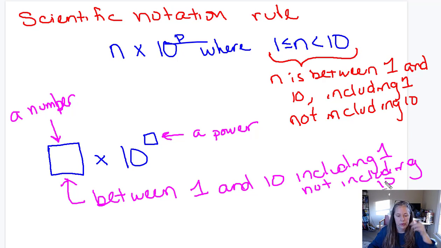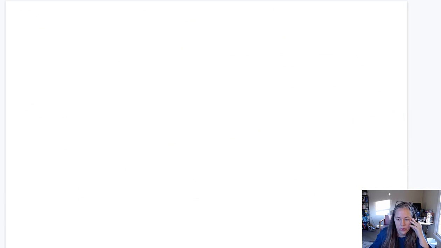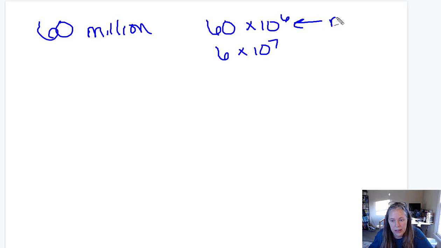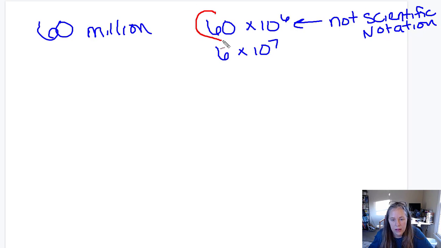Okay, so again, I'm going to erase. So in class this week, we saw the number 60 million. You could write as 60 times 10 to the 6 or 6 times 10 to the 7. This one's not scientific notation because the 60 is bigger than 10.